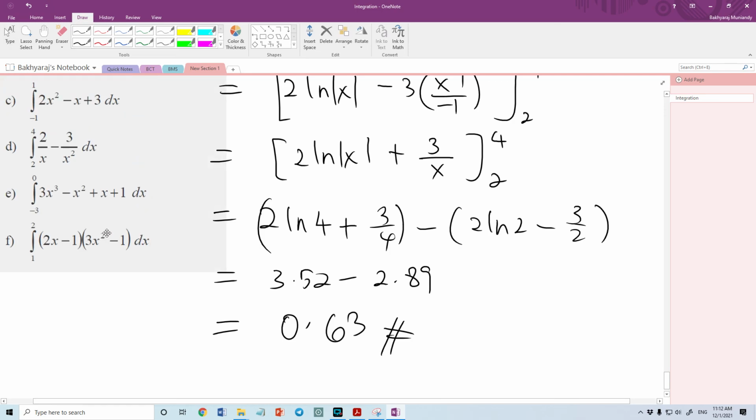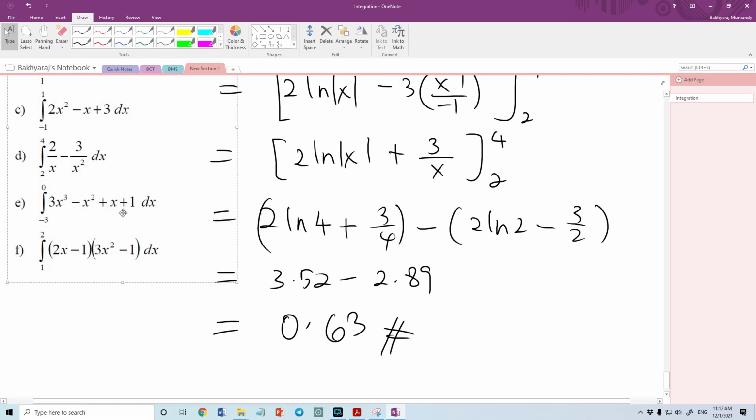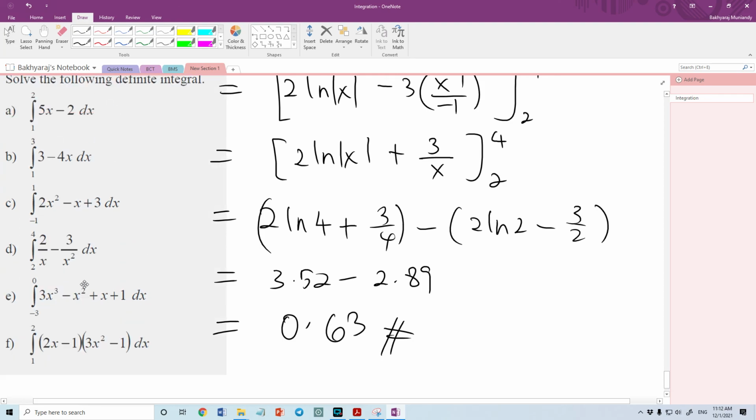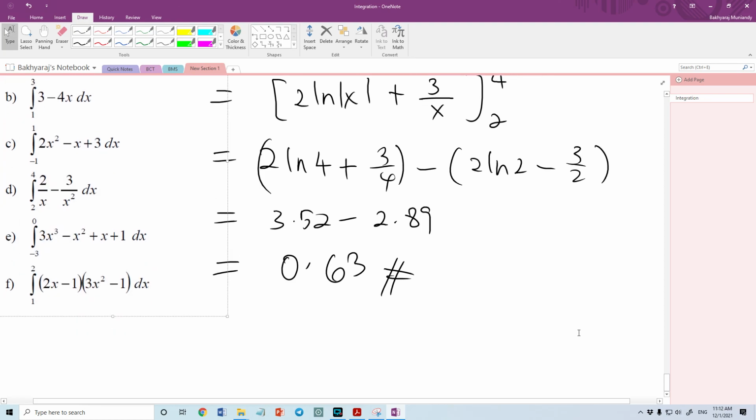Okay, so next I want to go for 1e. Integrate from negative 3 to 0, 3x to the power of 3 minus x square plus x plus 1 dx.